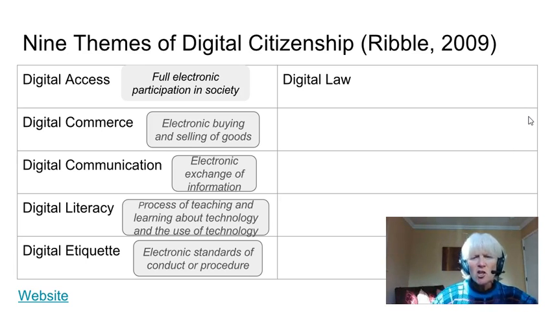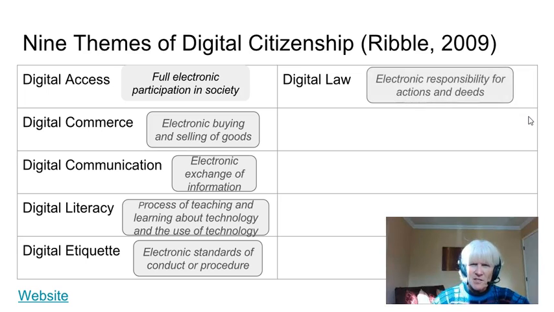And then he follows that up with digital law, which is, again, not something that Common Sense Media includes in their definition of digital citizenship. So Ribble defines this as electronic responsibility for actions and deeds.